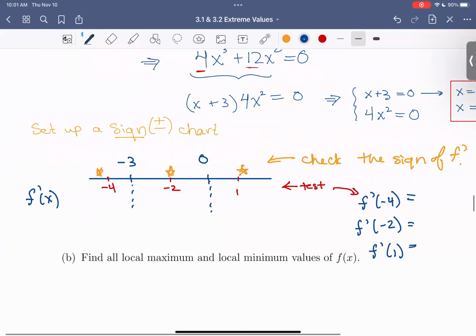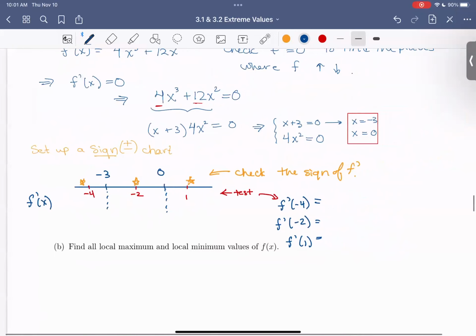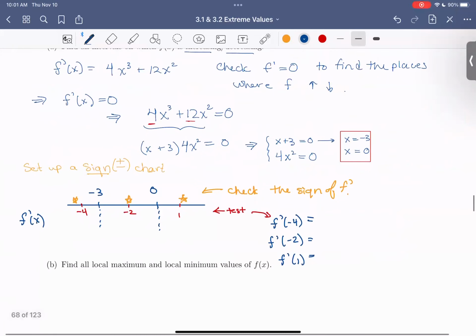Go ahead and compute those values. One suggestion: we don't actually need to compute those values, we just need to know the sign of the derivative at those values. We can rewrite that derivative to simplify things as x plus 3 times 4x squared. So we plug -4 in there.